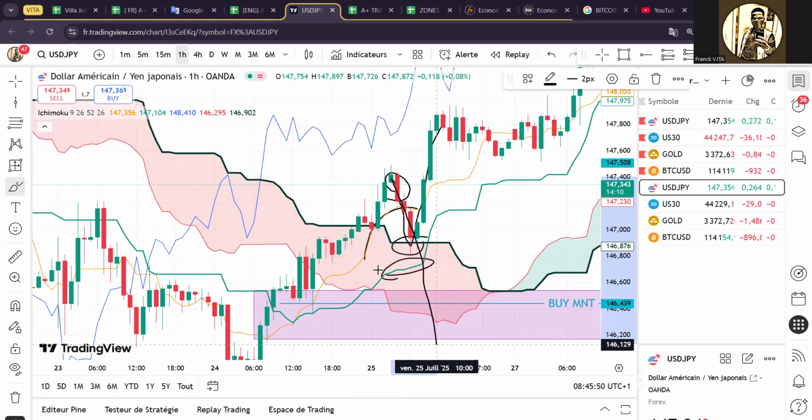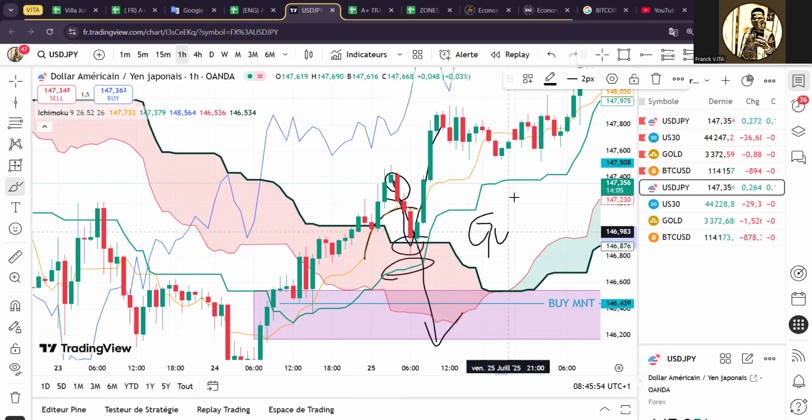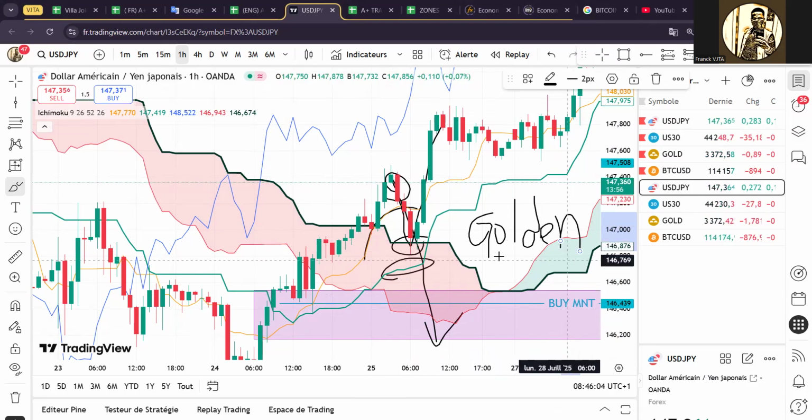Why? Because the TK cross is the golden cross. Golden cross is the name given by the founder, Goichi Hosoda, the founder of the Ichimoku indicator, the Ichimoku system. And you must follow it first, mostly in the 1 hour time frame. The golden cross is your orientator, your guide.